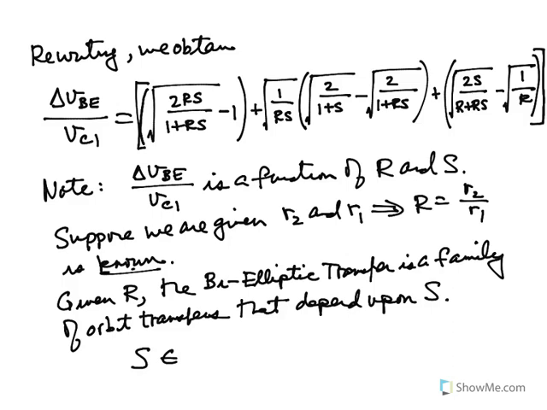Since Ri has to be bigger than or equal to R2, it ranges between 1 and infinity. Let's write this 1 and infinity. So it can go all the way out to infinity. Now, clearly, in a realistic case, you cannot have the intermediate apoapsis be infinity. But we can work a little bit with this concept of infinity to come up with what's called a limiting case of the bielliptic transfer.